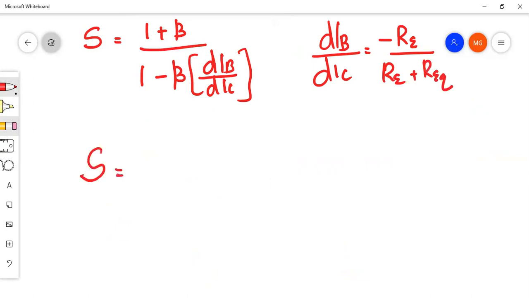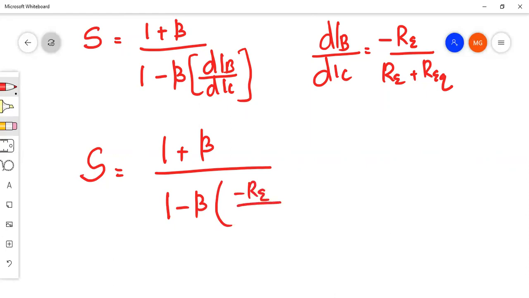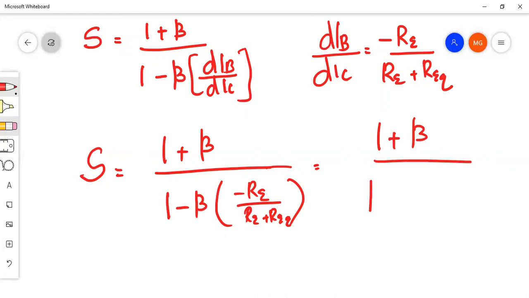Substituting, the stability factor will be 1 plus beta divided by 1 minus beta, into minus RE divided by RE plus R equivalent, bracket closed. Rearranging the minus signs, I get 1 plus beta divided by 1 plus beta into RE divided by RE plus R equivalent.